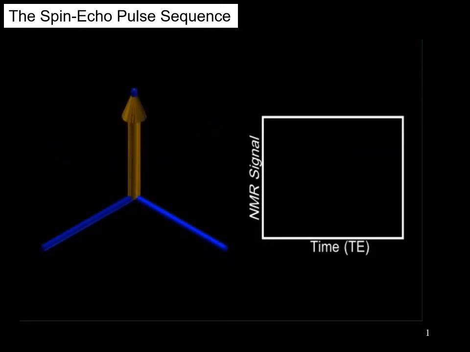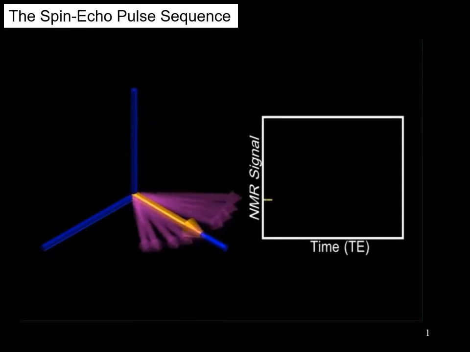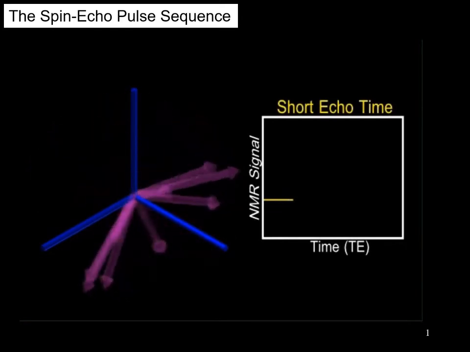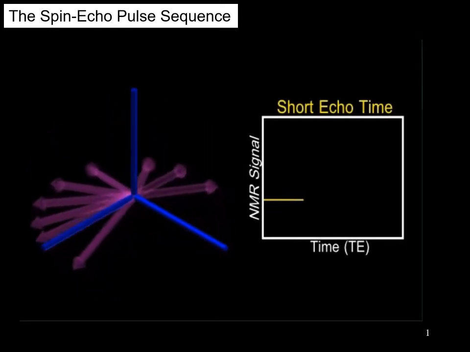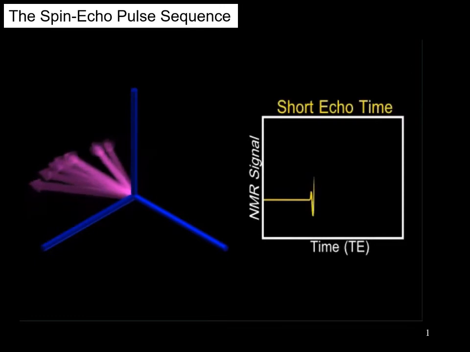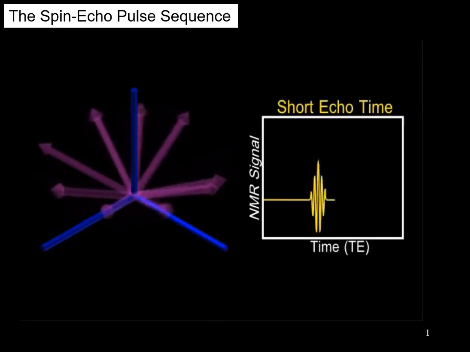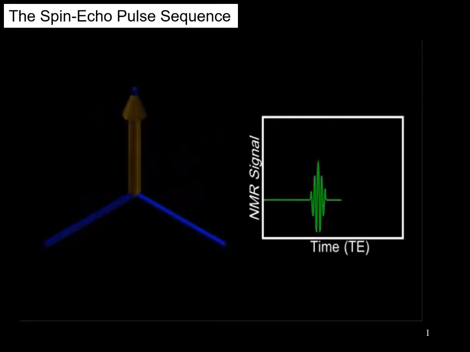Let's watch what happens when the time between the excitation and inverting pulse is short, a short echo time, as opposed to a long echo time. With a short echo time, the individual components do not have much time to get out of phase with respect to one another. So when they're inverted, they come back better into phase than as is illustrated here with a longer echo time.